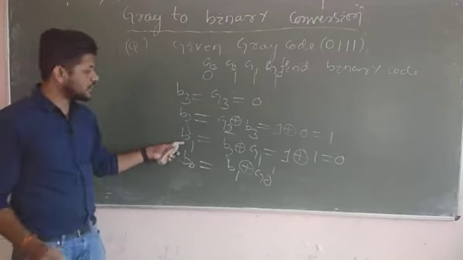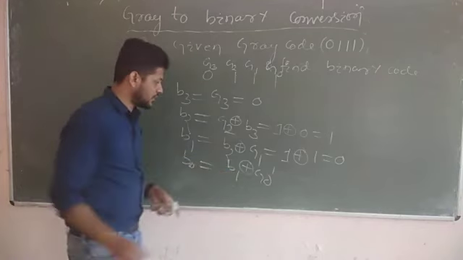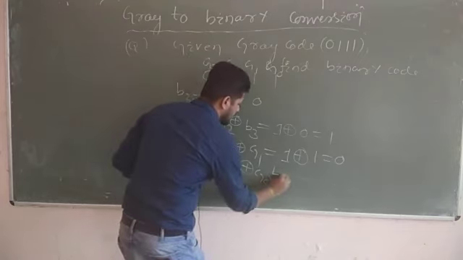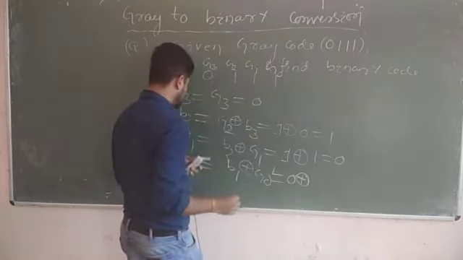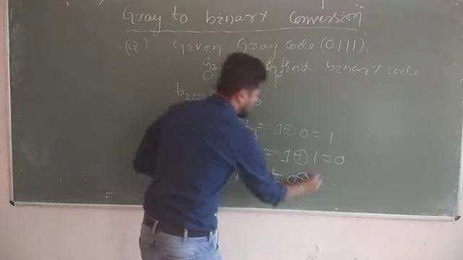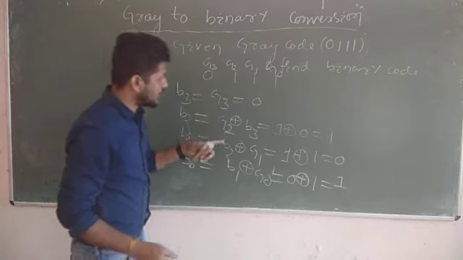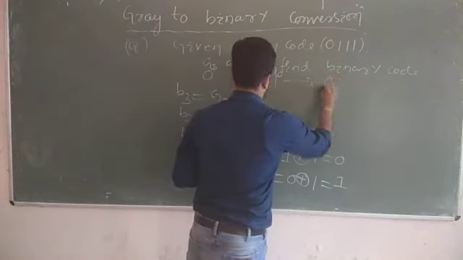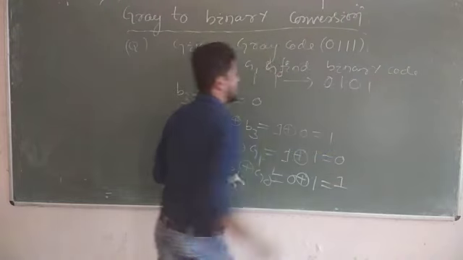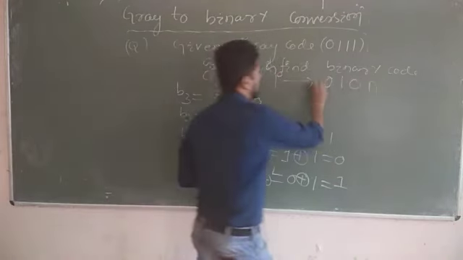Just write the previous and the corresponding G0 and take the XOR operation. B1 here we found 0, XOR with G0, which is given as 1. So the corresponding binary code for this is 0 1 0 1. So this is the corresponding binary code.